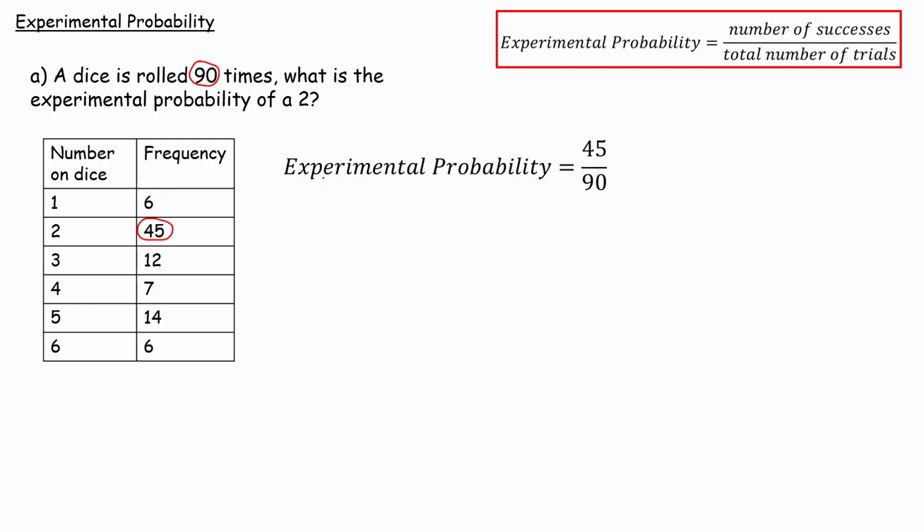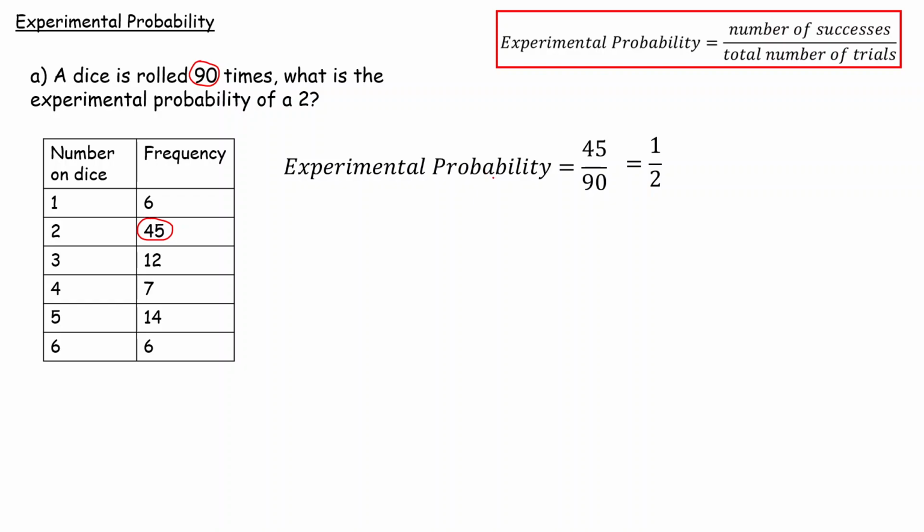So there we go. The experimental probability is just going to be equal to 45, we get 45 2s, over your total number of trials, which is 90. And what's that equal to? More simply, equal to 1 over 2 if we divide both by 45. So the probability of getting a 2 here from the experiment, rolling it 90 times, is equal to 1 over 2, a half.